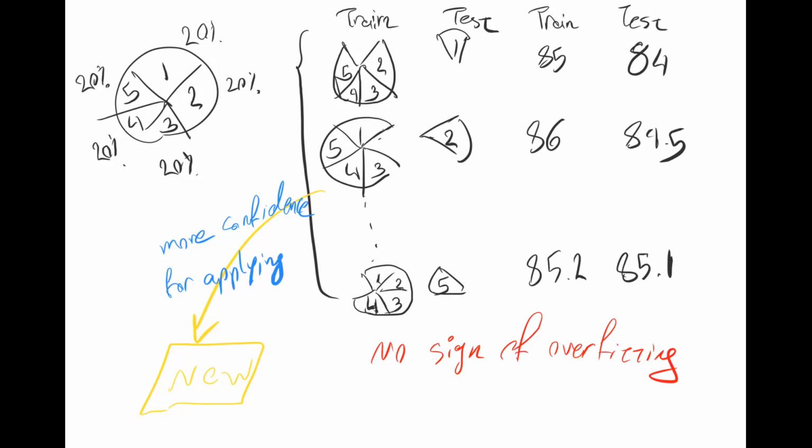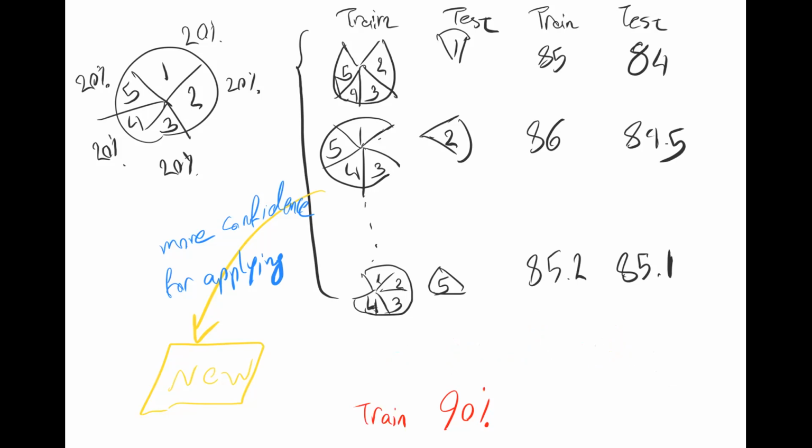I can give you an example of overfitting. Let's say in one of my train-test runs, my accuracy is 90% for train. But for test, my performance is 75.